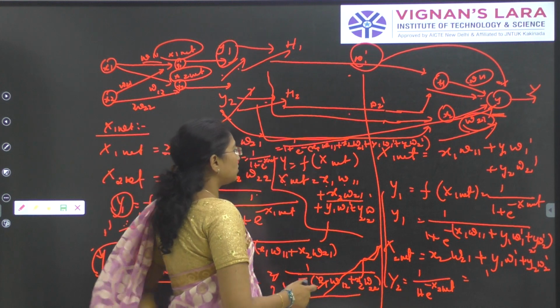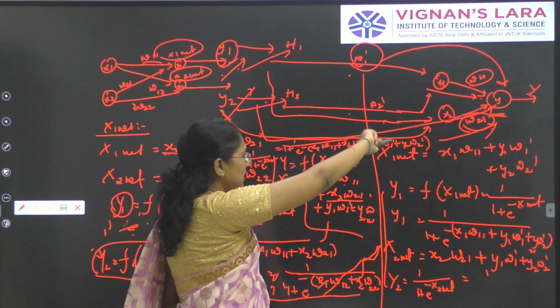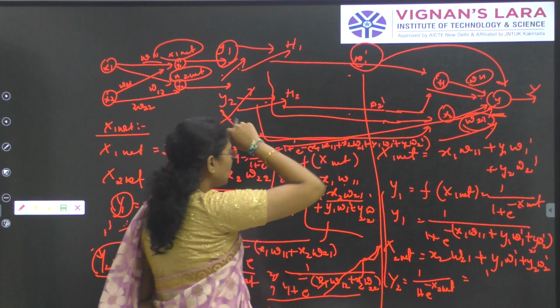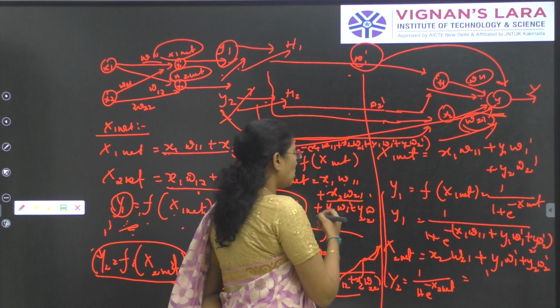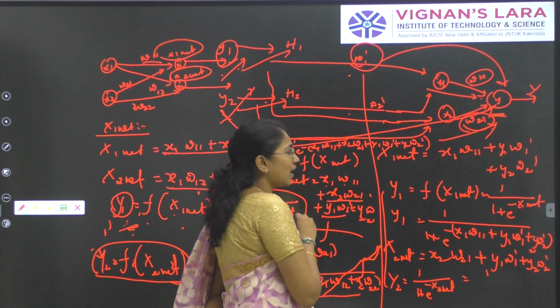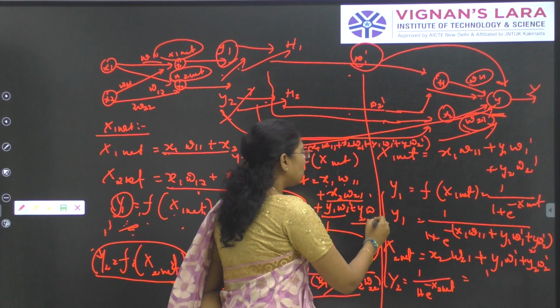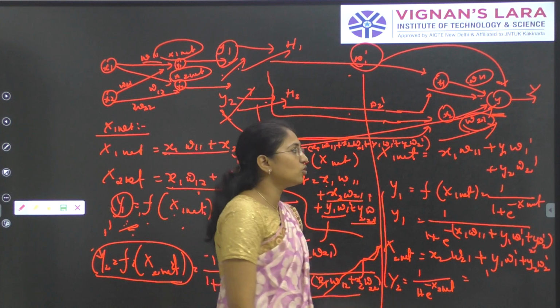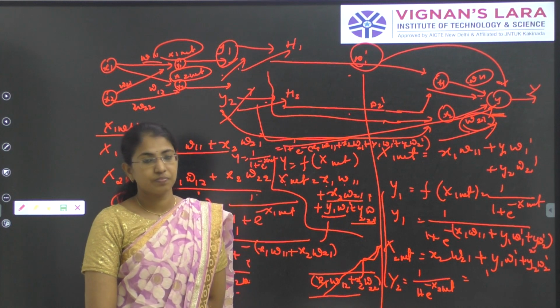So in addition to x1 W11 plus x2 W21, you are going to add y1. So now you are recalling y1 through a weight of W1 dash as one of the inputs to this network, and y2 through the weight of W2 dash into this network as the second input.